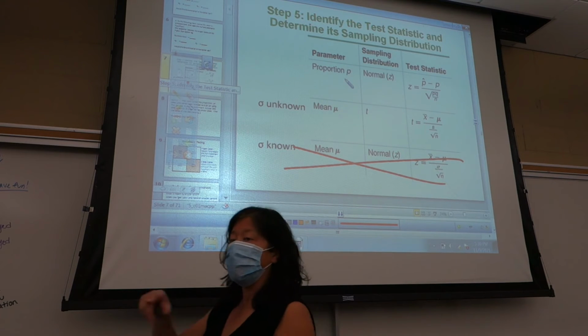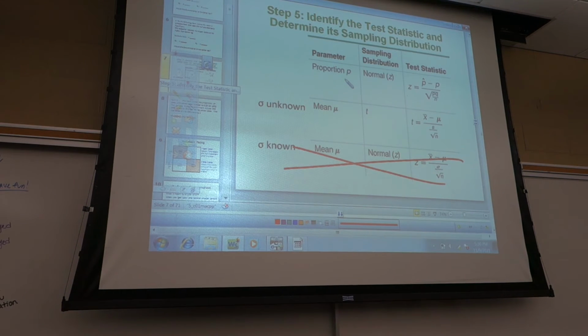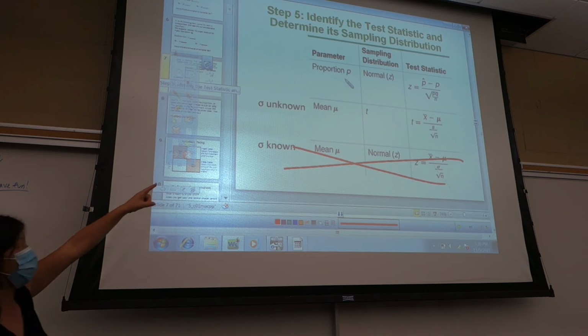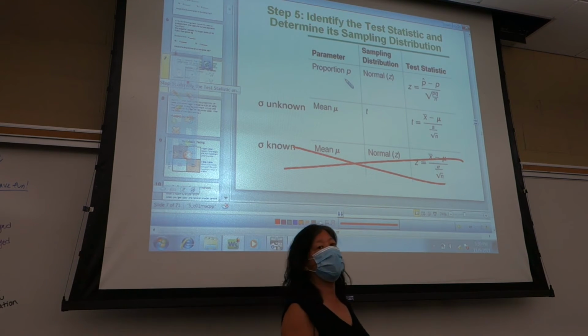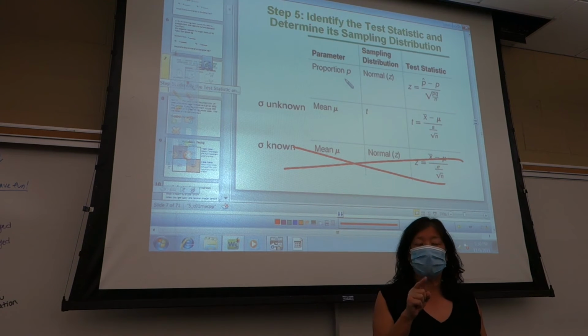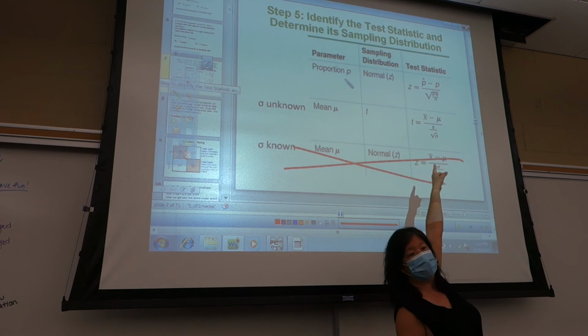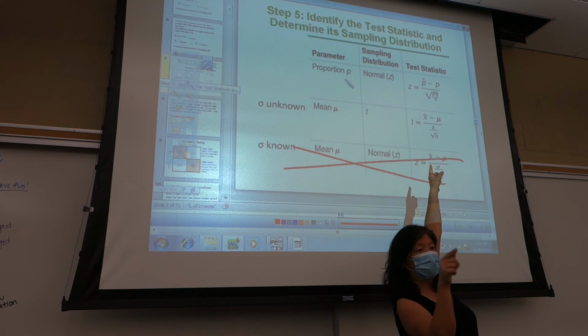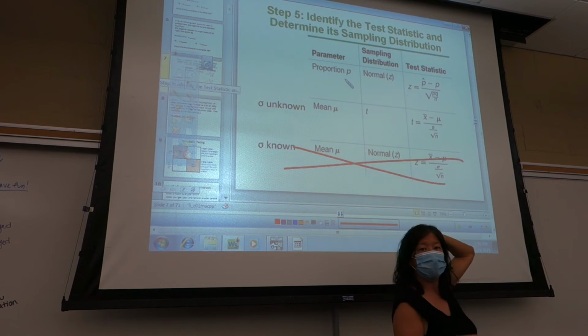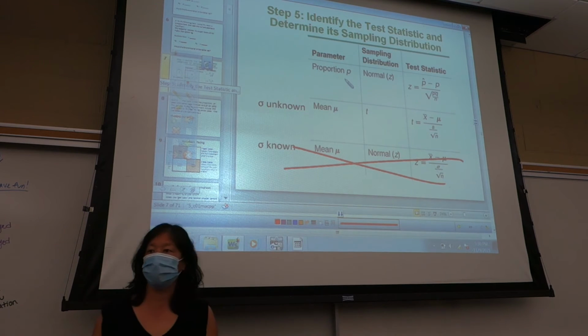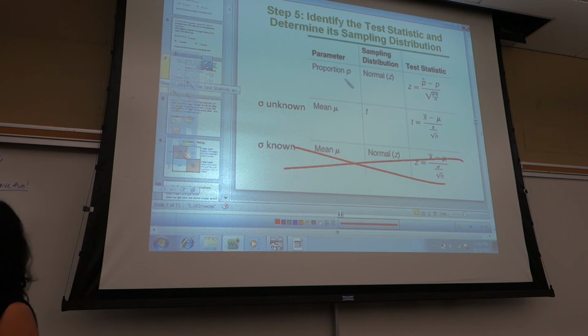It's your p hat, what you got from your sample, minus the p, what you expect to get, in other words, what's in your claim, divided by the square root of pq over n. We should use p and q from the null hypothesis under the square root, because we're assuming the H naught is true.